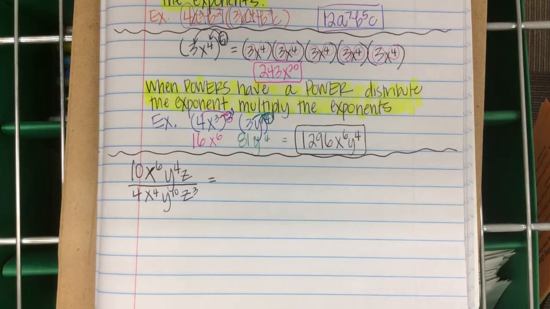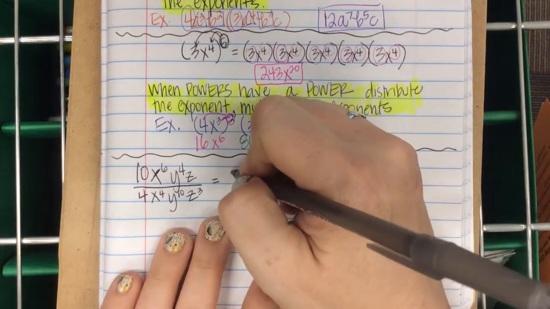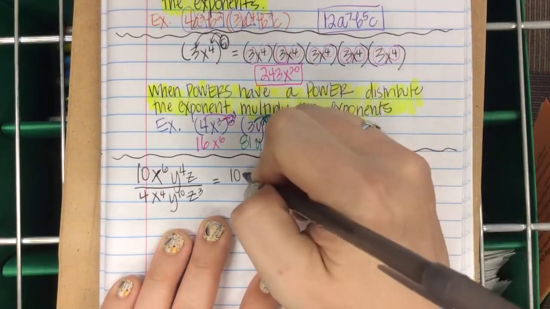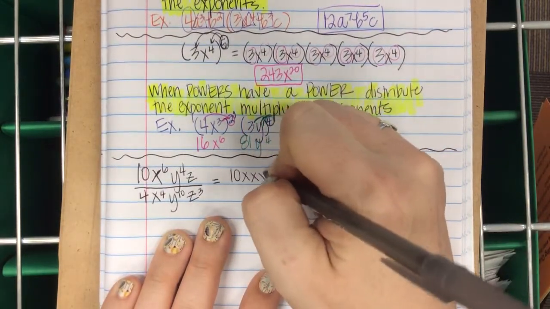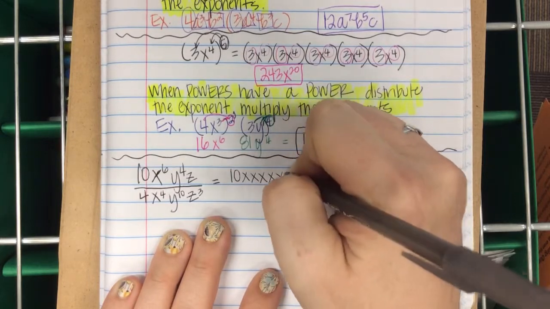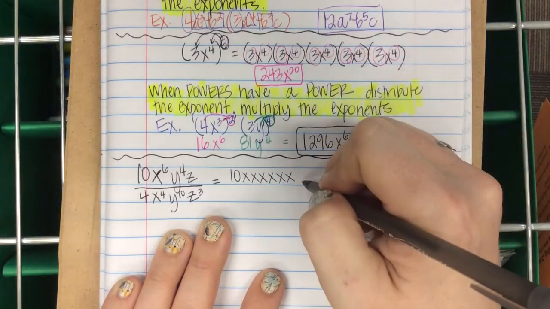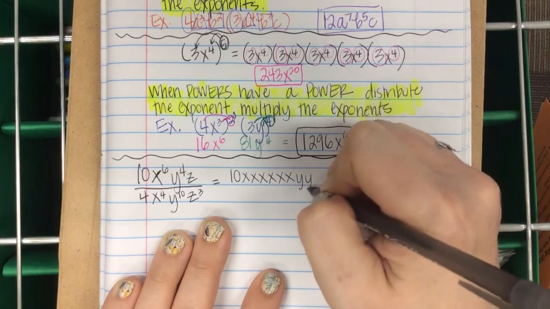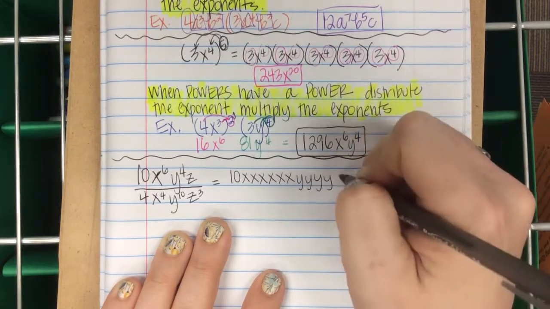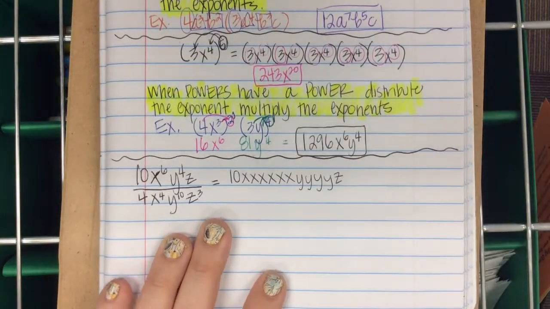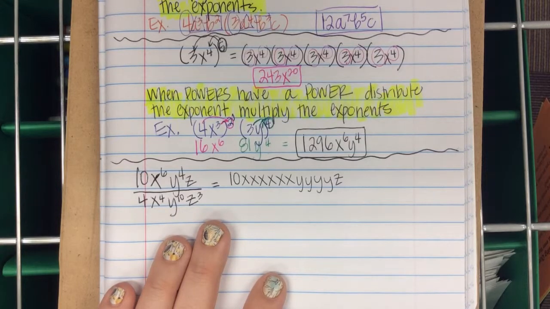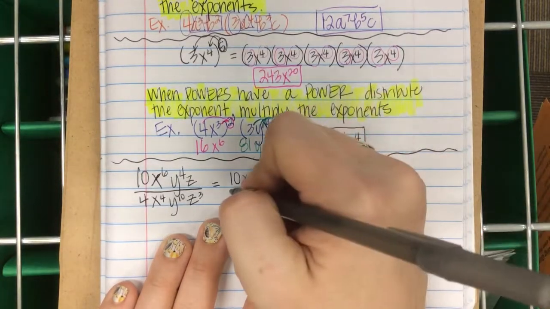So when in doubt, write it out. So we have 10, 1, 2, 3, 4, 5, 6. 1, 2, 3, 4, and 1. When in doubt, write it out.